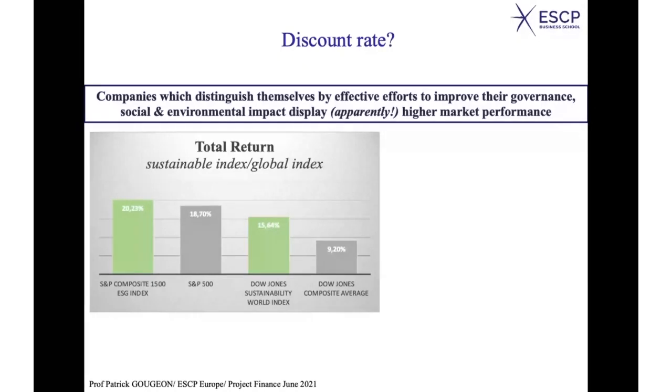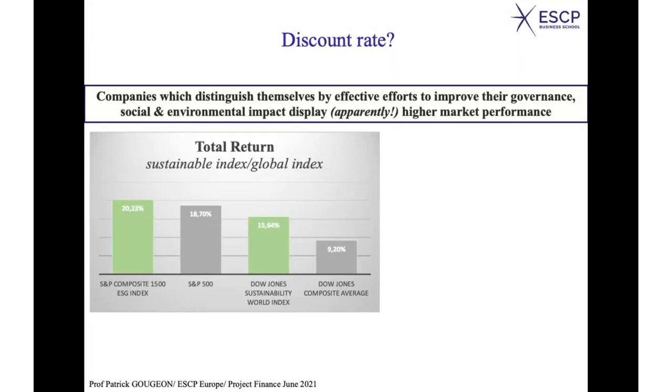The sustainable index is a market index based on a sample of companies with good, high ESG standards, recognized as such. You have, for instance, the S&P Composite 1500 ESG index, and you have also the Dow Jones Sustainability World Index.